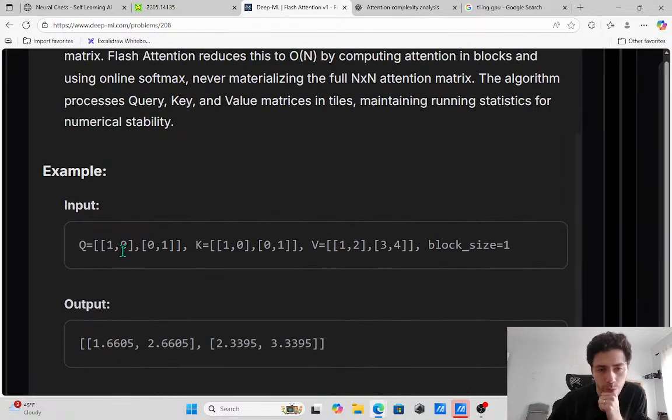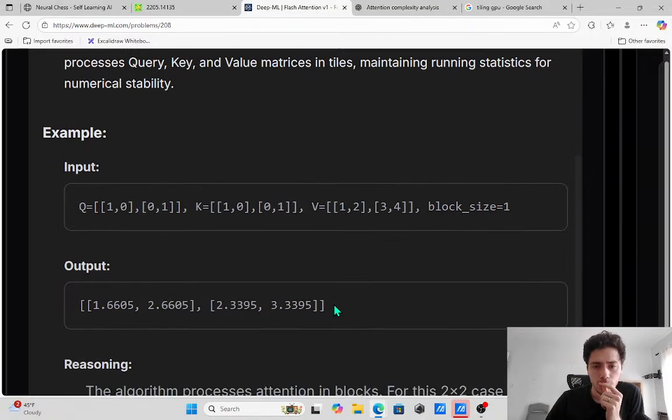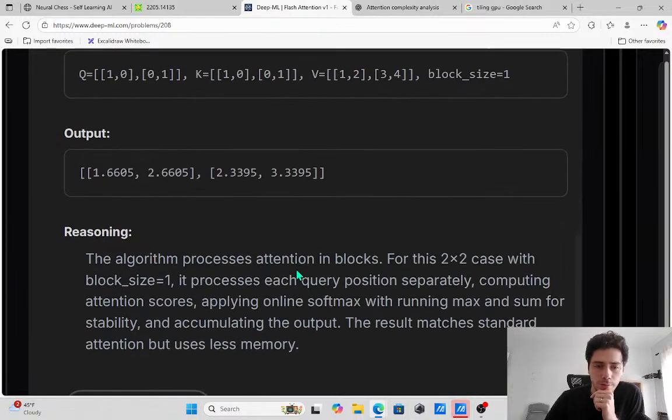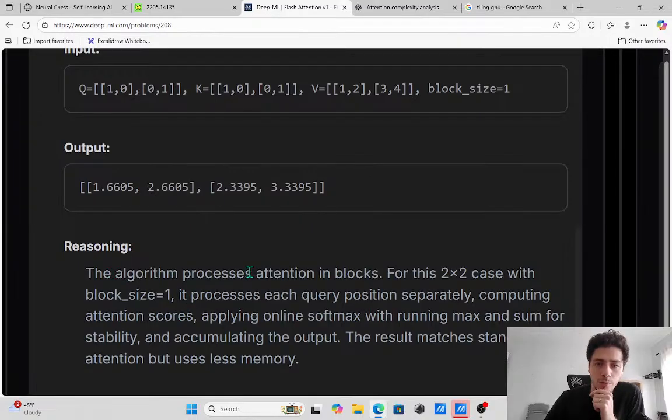So we get an input with Q, K, V, and a block size of 1, so that's 1 in each direction, and we're given an expected output. The algorithm should process the attention with block size 1.